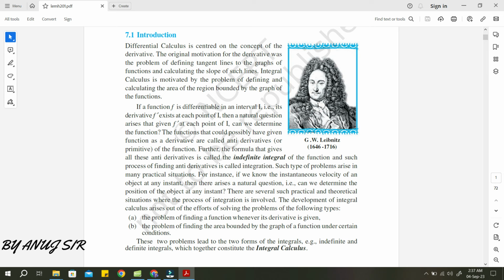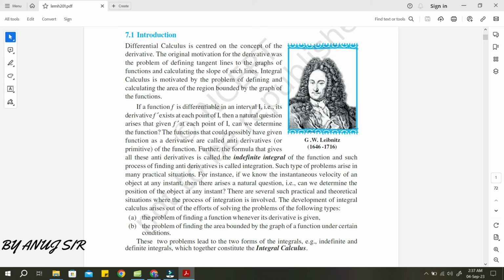Furthermore, the formula that gives all these antiderivatives is known as the indefinite integral. We are going to deal with the formula section in the later half. This process is known as integration, as we know. Now there are many practical situations where we use integration.